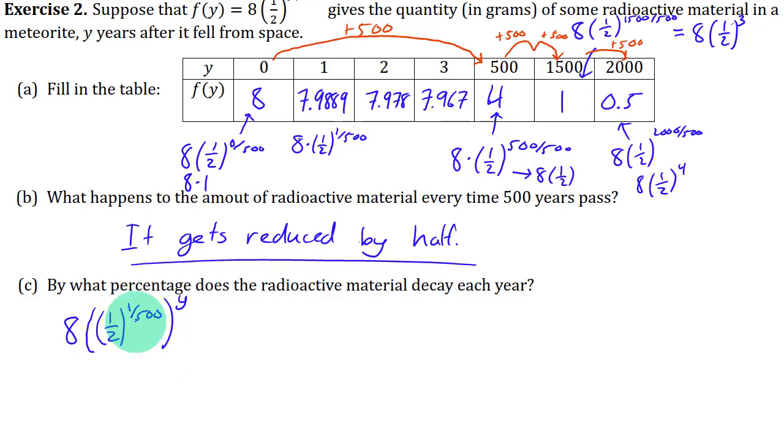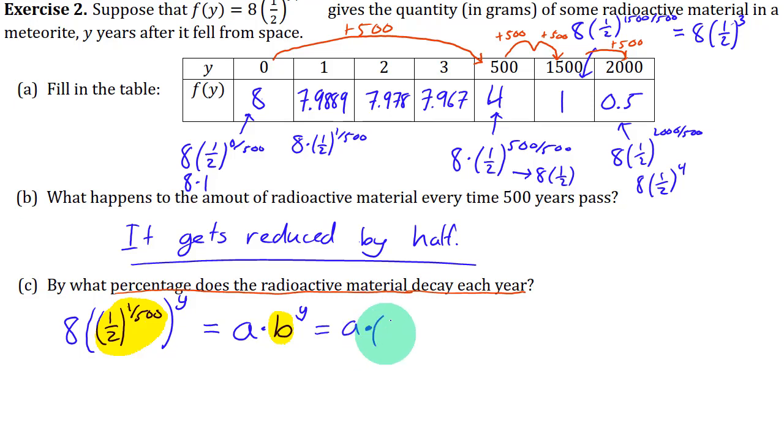The reason I'm doing this is because I want to think of this as a times b to the power y. This 1/2 to the power 1 over 500 is the b. And we want to know the b because if we want to know the percentage decay each year, that's going to be thinking about what we did in 6.2.